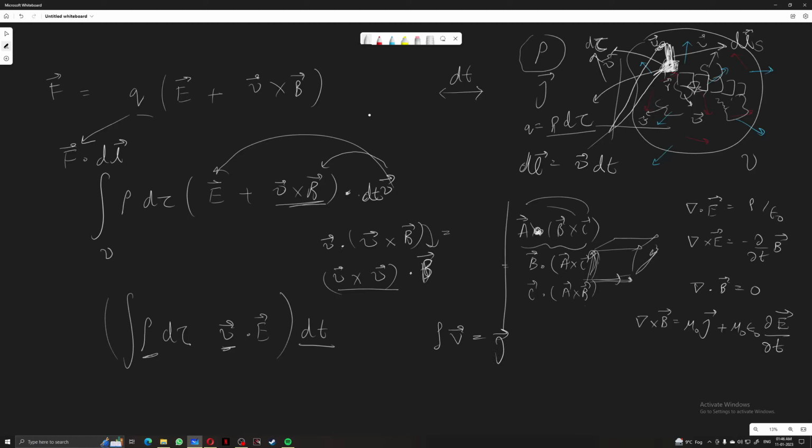So finally this is the work done by these electromagnetic fields in time dt. Therefore the work done per unit time is just the volume integral of E dot j over this whole volume.